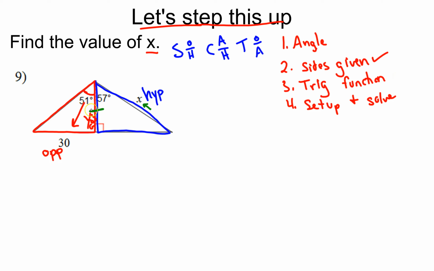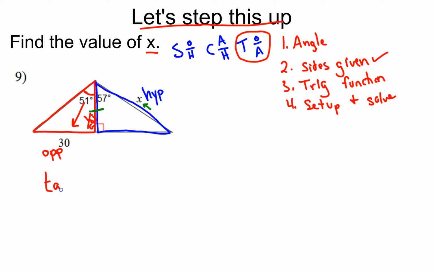Now I need to pick my trig function. Opposite and adjacent. Let's go up here to SOHCAHTOA. That's opposite hypotenuse, won't work. That's adjacent hypotenuse, won't work. There's the one I need for my red triangle, opposite and adjacent. So we're going to write our equation out.